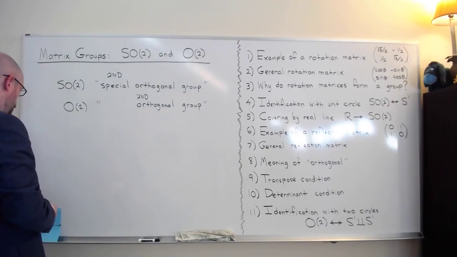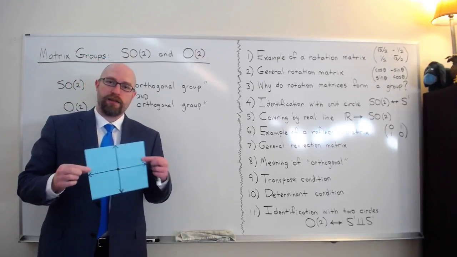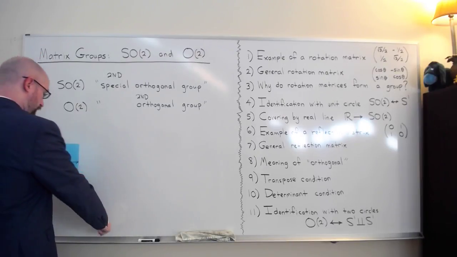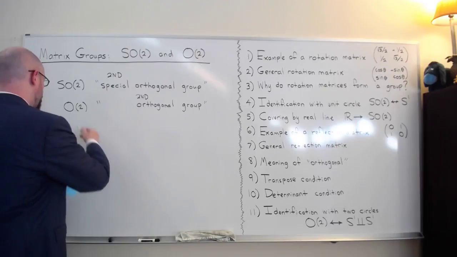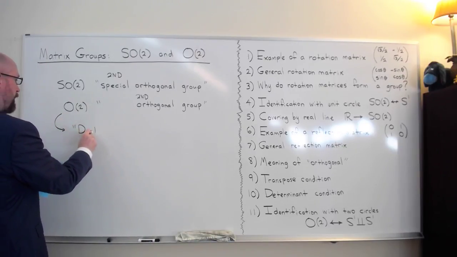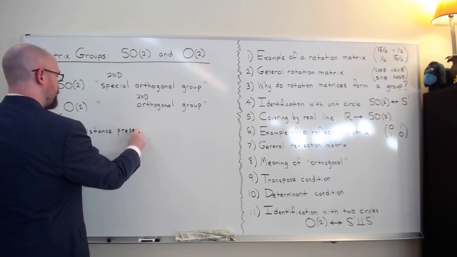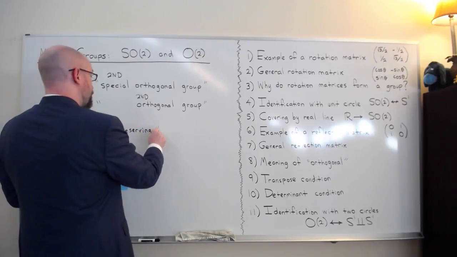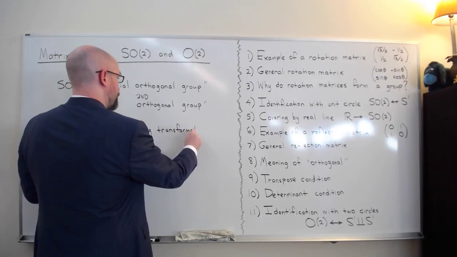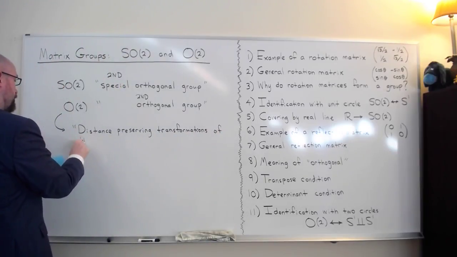And so if this is the plane, so this is the Euclidean plane, this little blue plane here, what the orthogonal group does, this one here, is this is all distance preserving transformations of the plane.